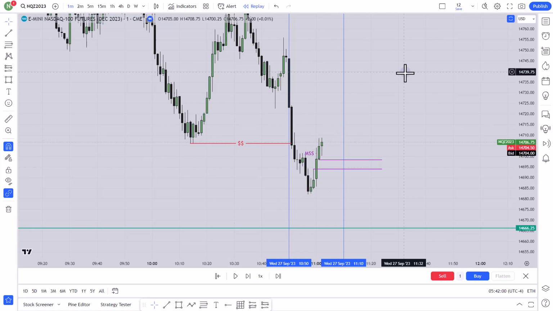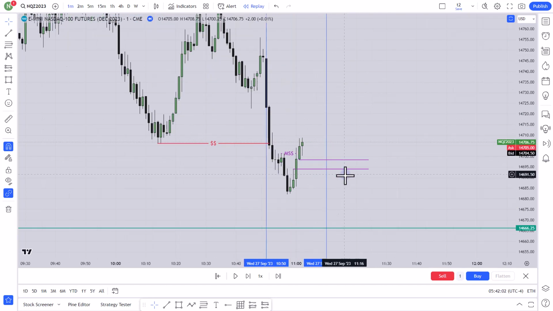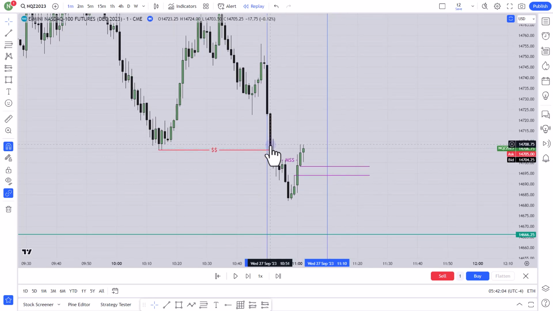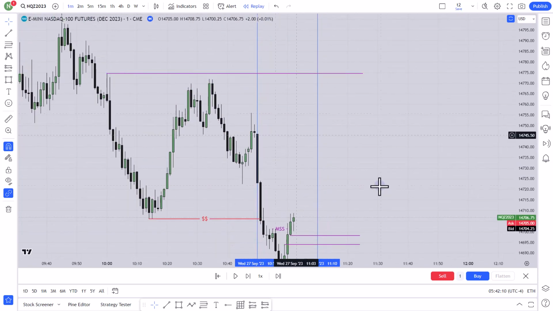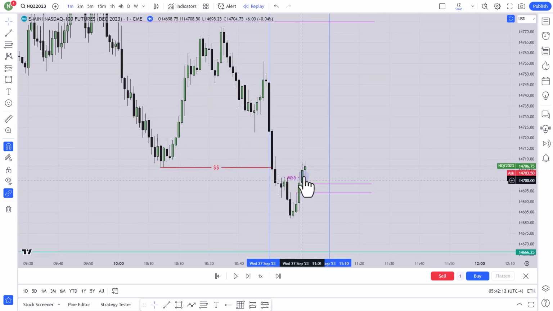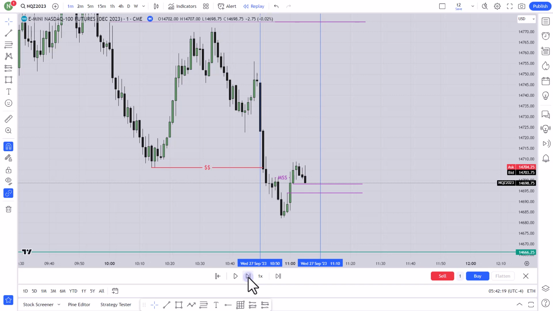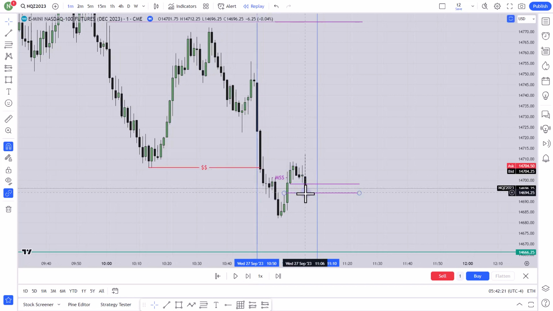Though it made the rules, it has cleared the sell side liquidity, and my expectation is it will go to the relatively equal high. It had a very energetic run and gave me the fair value gap. If you see a little bit higher, it has traded this fair value gap nicely and went higher.